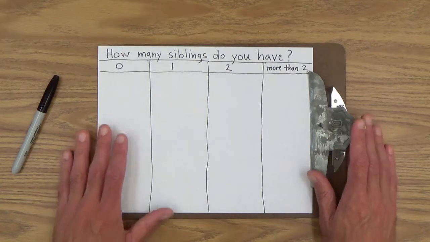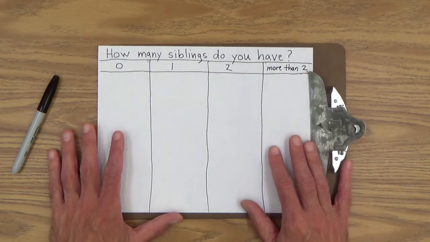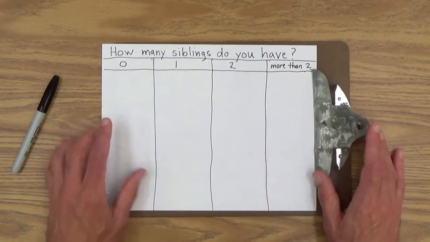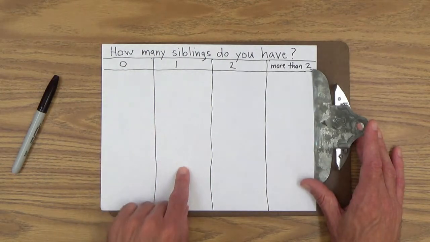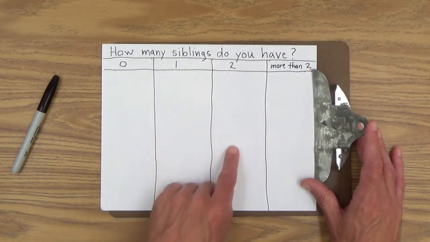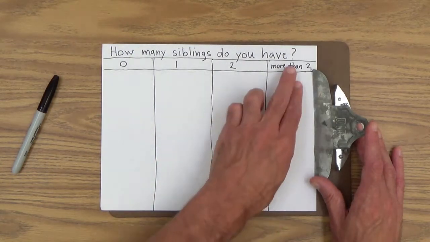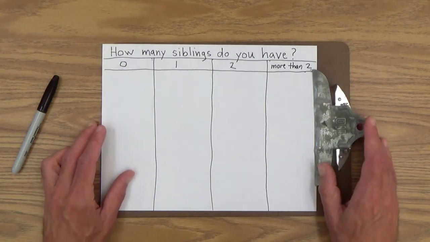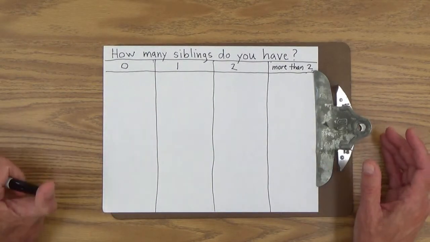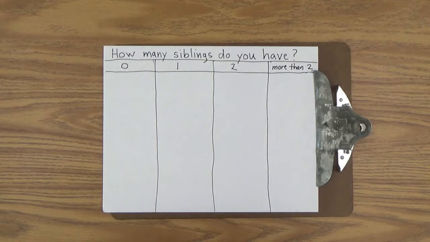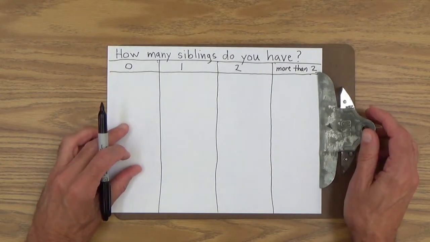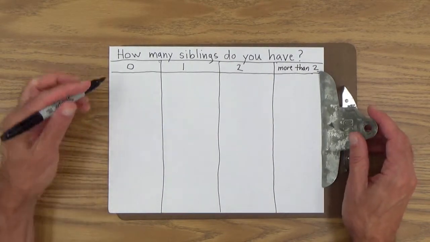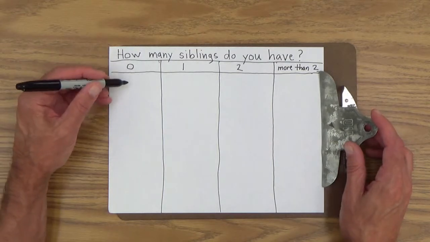And as you can see, I've already laid out the lines for you here. This column is 0, 1 sibling, 2 siblings, and this one is for anything more than 2 siblings. So your child could ask the question, how many siblings do you have, to all of his friends and any young people that come over to the house, and start tabulating.